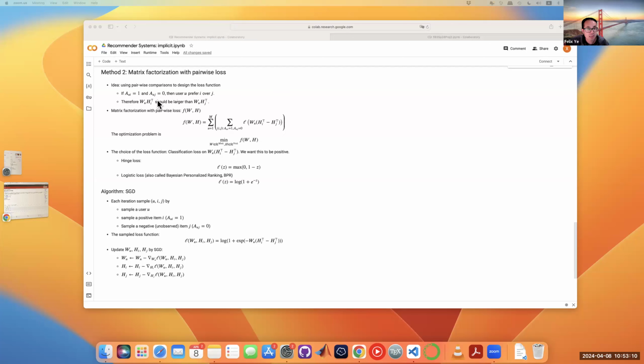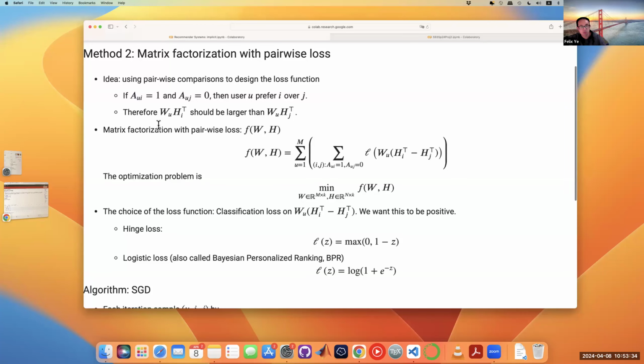The idea is basically the same: using pairwise comparison to design the loss function. So if A_UI is 1 and A_UJ is 0, that means the user U prefers I over J. So this basically has some preferences. In these cases, you can think W_U dot H_I transpose should be larger than W_U dot H_J transpose.